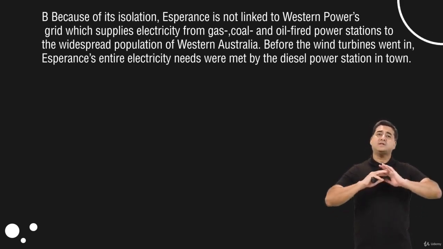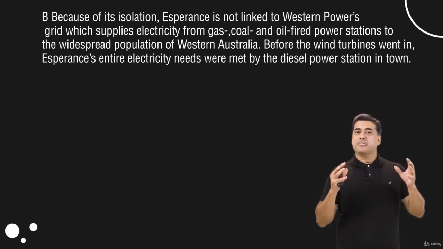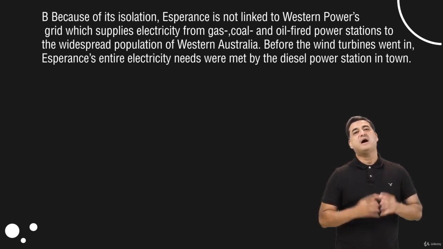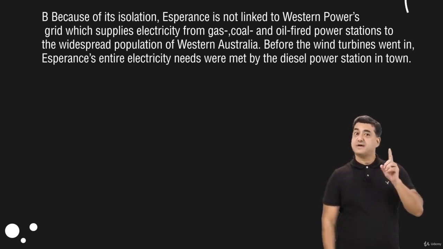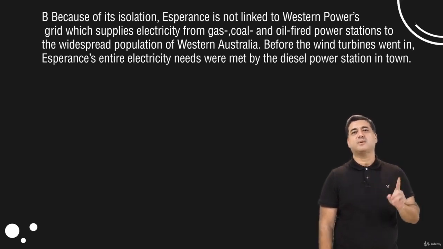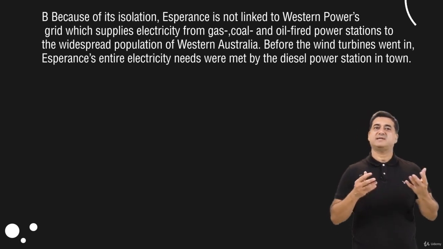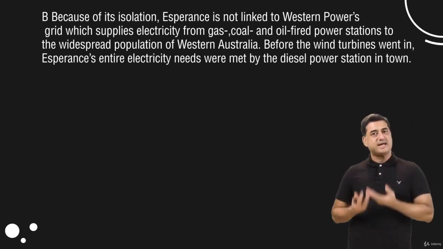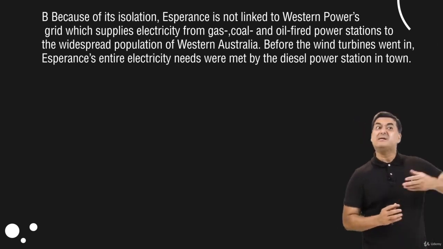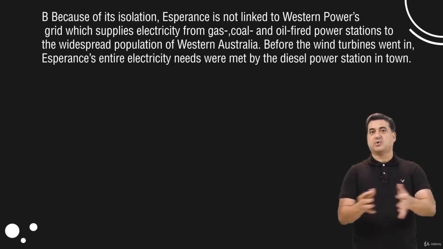That to all the Western Australian cities, the electricity is provided by the Western Power grid. But there is one place which doesn't get electricity from it. Which is that place? That place is Esperance. And why doesn't it get it? Because it is isolated, remote, away, not linked, not close.